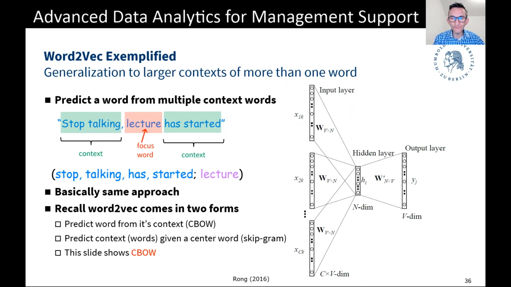So the input layer of our neural network basically has V times whatever is the number of context words units. One of these pillars would be the word stop. And the next pillar would be the word talking.